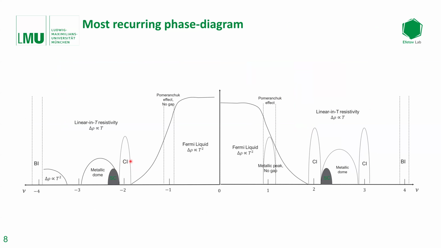Okay, and so in the next couple of slides, I wanted to talk specifically about this region, and also tie it up a little bit with the previous measurements that have been performed in particular in STM experiments.